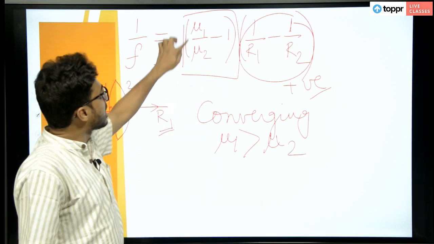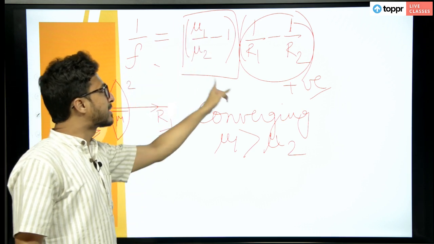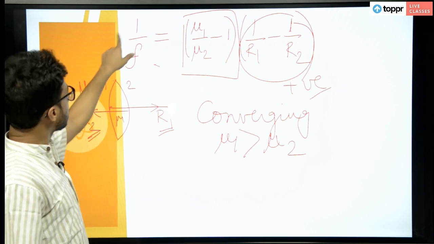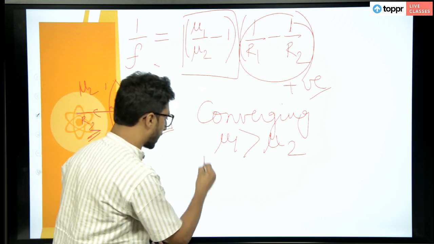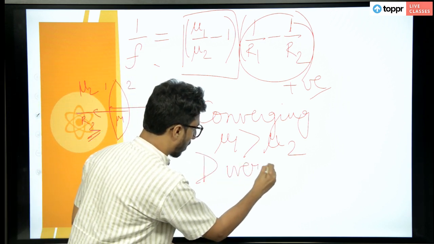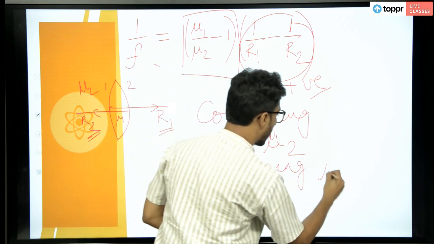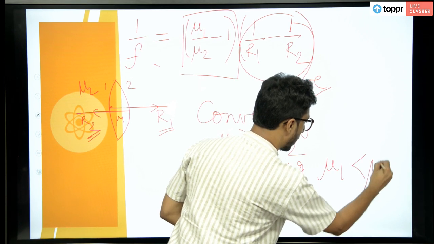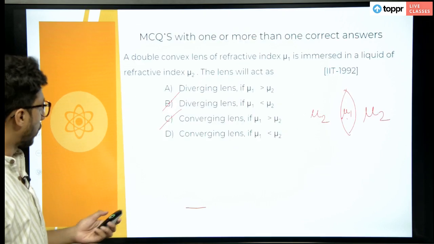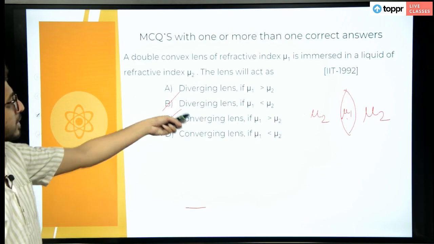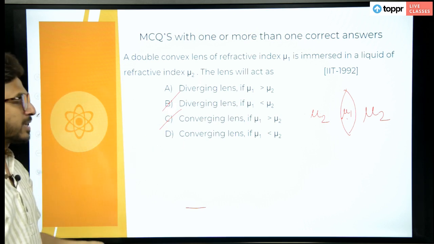Similarly, when mu1 is less than mu2, this is a fraction, so fraction minus 1 is a negative quantity. Negative quantity means the focal length is negative, which means it is a diverging lens. Diverging lens when mu1 is less than mu2, and converging lens when mu1 is greater than mu2.